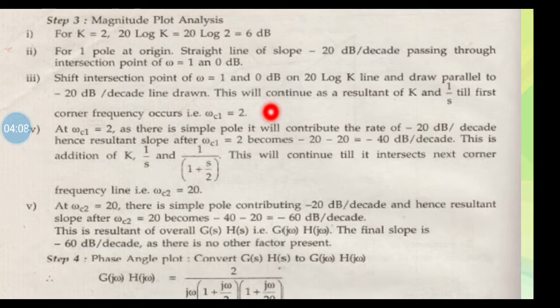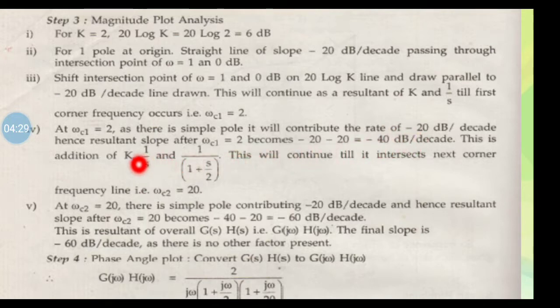Next, at omega C1 equal to 2, as there is a simple pole, it will contribute a rate of minus 20 dB per decade. Hence, the resultant slope becomes minus 20 minus 20, which is minus 40 dB per decade.